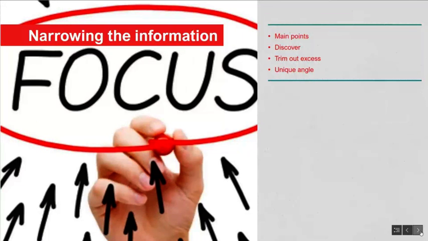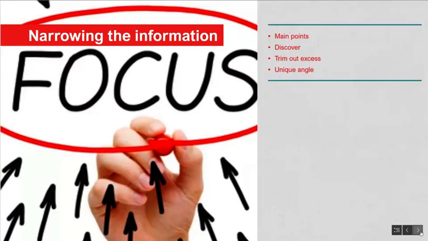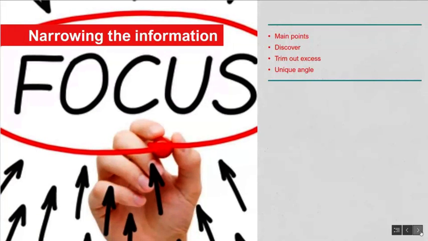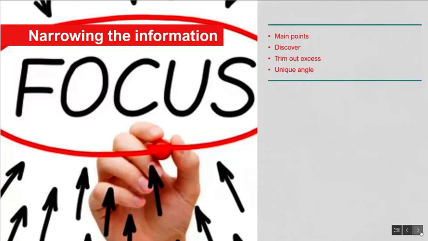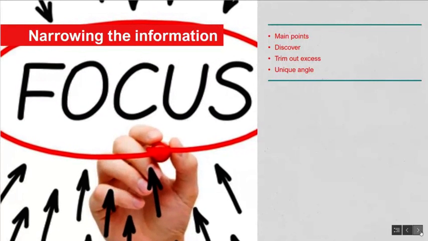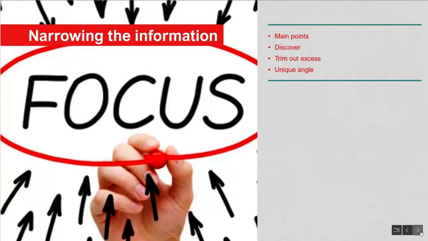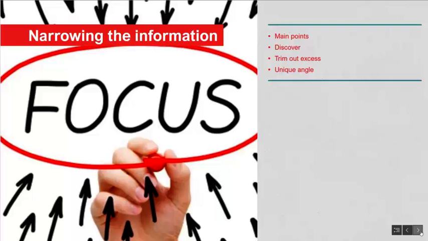If you're going to write about something about fire safety or gun control or something like that, don't look at it from just the angle of that mainstream thought processes will come through. Don't look at the same angle that everybody's using. Look at a unique angle.